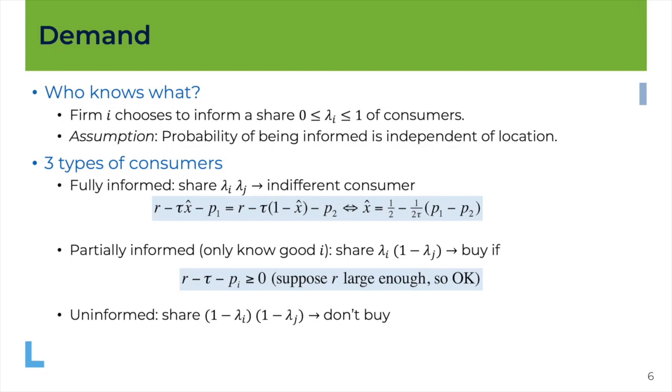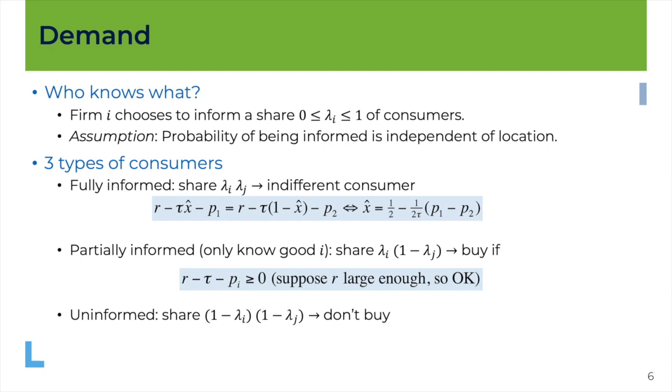Firm I would choose lambda I, which is basically the number of folders that it will print. If there are 1,000 houses, lambda I of 0.8 would mean that the firm has printed 800 folders, so that 80% of the houses will receive an advertisement.